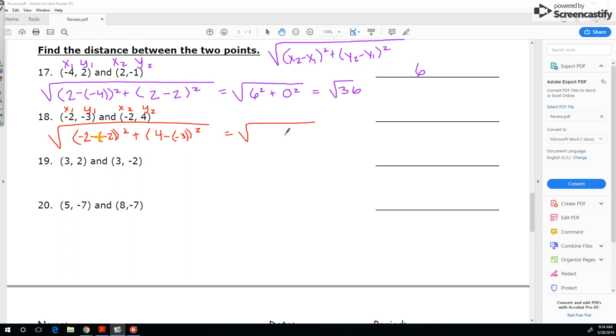So again, that would be 0. And then 4 minus negative 3, again, gives us a positive. So that's 7, which is 49. Square root of 49 is 7. x1, y1, x2, y2. Haven't had to do any decimal approximations yet.